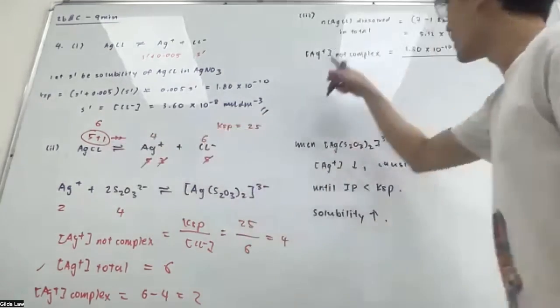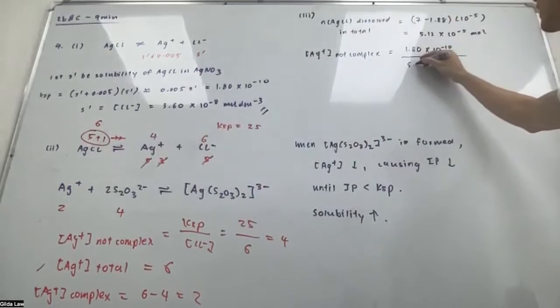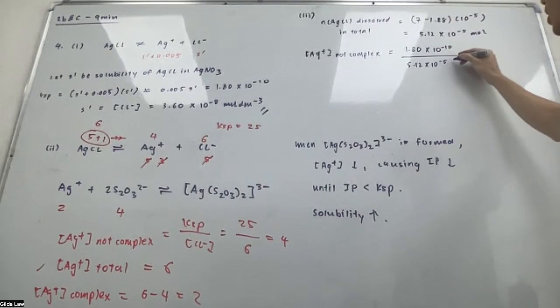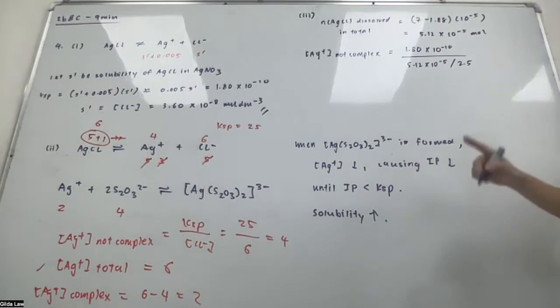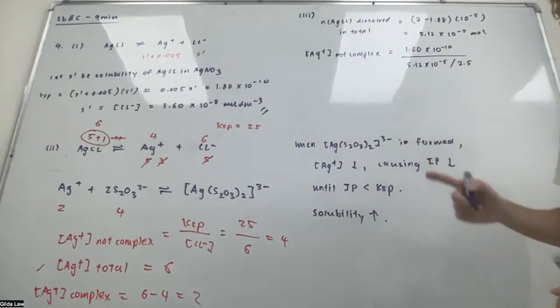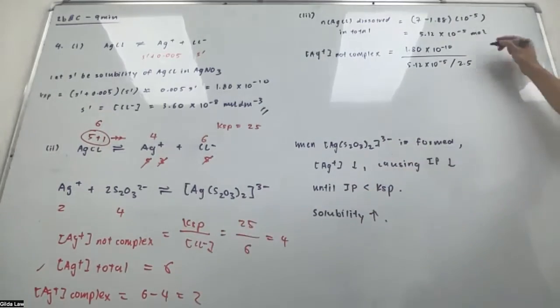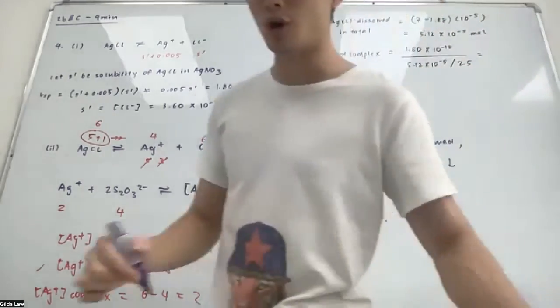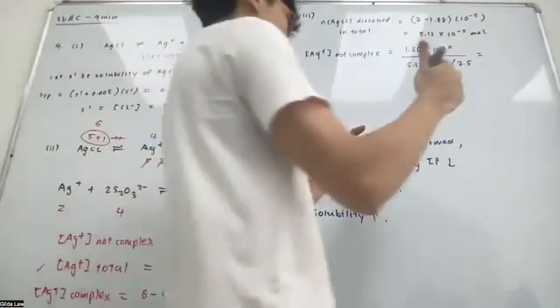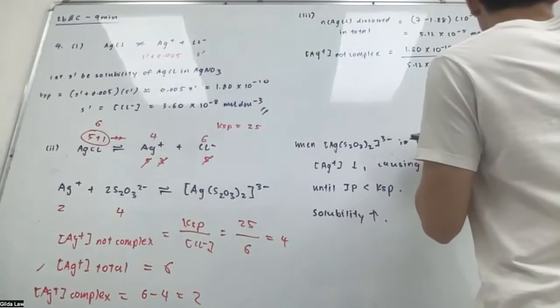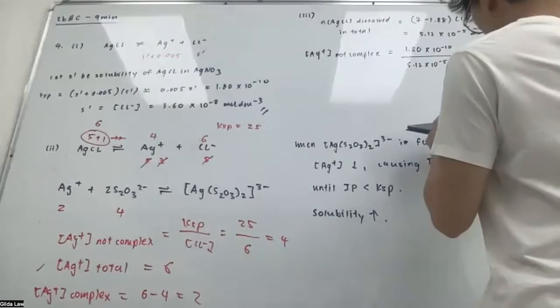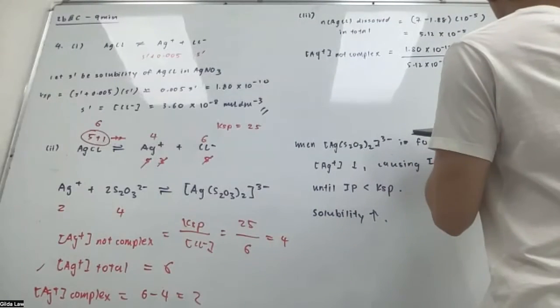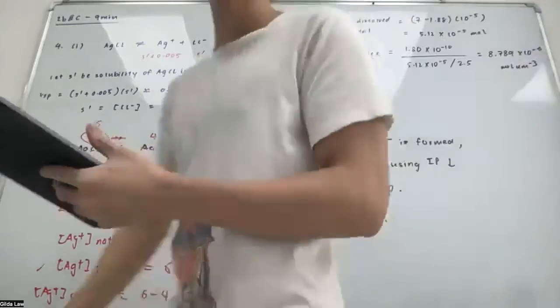The AgCl and Cl minus are the same. But I have to divide it by 2.5 because I need to do this in concentration, as you can see over here. Then I can get my Ag plus that's not used in the complex, which in this case is 8.789 × 10^-6 mol per dm³. Can you see this so far?